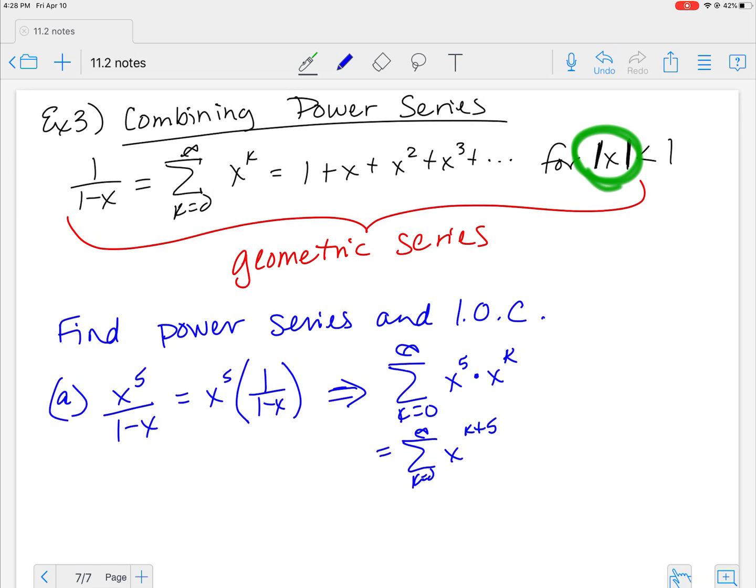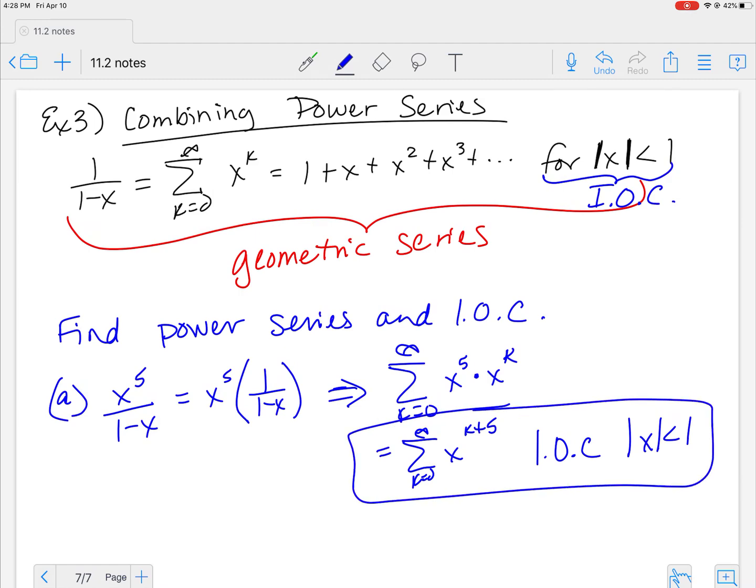If that is my interval of convergence, so if I multiply that x to the 5th, I'm not changing anything there. My interval of convergence is still the absolute value of x less than 1.